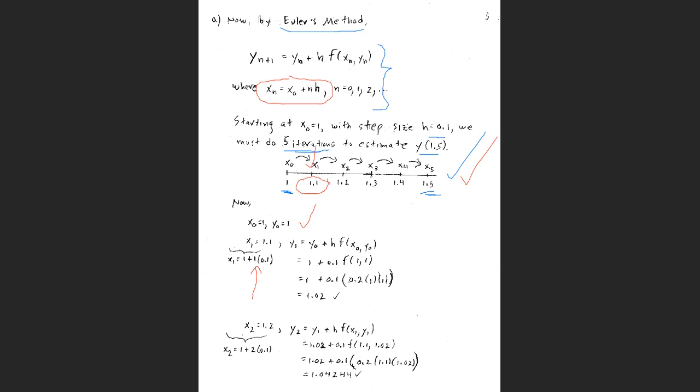So that means y sub 1 is equal to y sub 0 plus h times the value of the derivative.